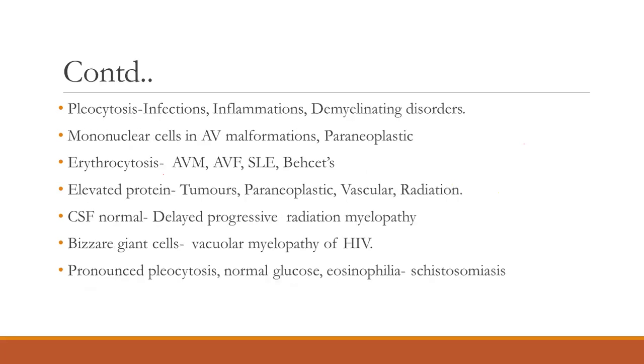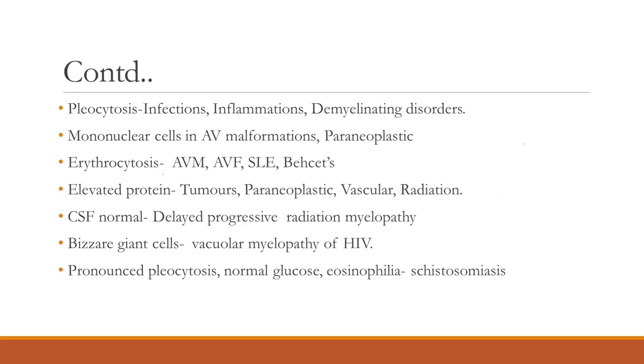As I said, pleocytosis is seen in infections and inflammatory conditions, and mononuclear cells are present in AV malformation and paraneoplastic myelitis. Erythrocytosis is again seen more often in vascular conditions and associated vasculitis. Protein elevation is seen in tumor, paraneoplastic myelitis, vascular myelitis, etc. In radiation-associated myelopathy, sometimes we may not see anything on the CSF; the CSF picture might be normal.